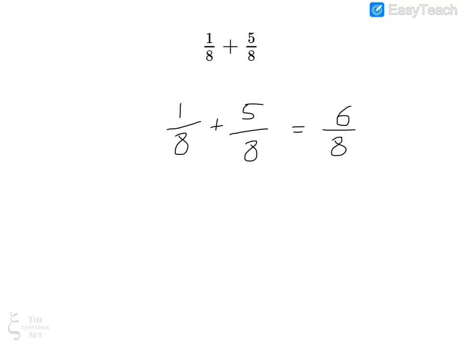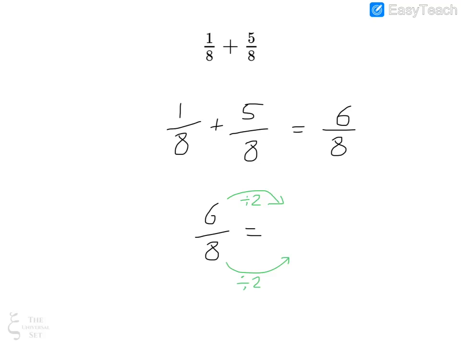Now what we should do at this point is check, do I have the simplest answer? And I think that I don't yet, because 6/8, what times table are 6 and 8 both in? Well, I think they're both in the 2 times table, aren't they? So we can divide by 2 on the top, and we can divide by 2 on the bottom, and that will give us our simplified answer.